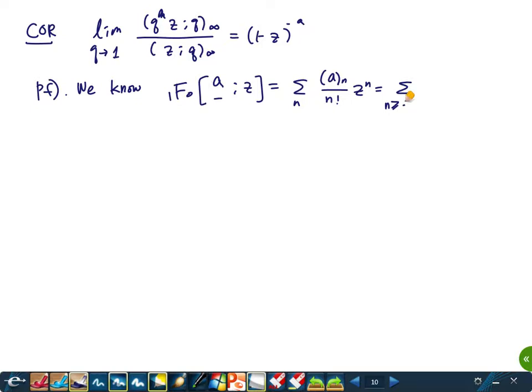You know, we don't really need that. Okay, we know this. This is a consequence of the Q binomial theorem. So the left-hand side here is the Q binomial theorem.